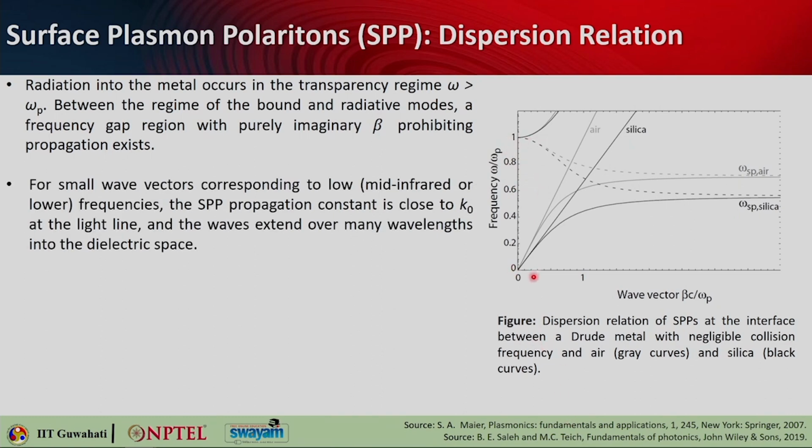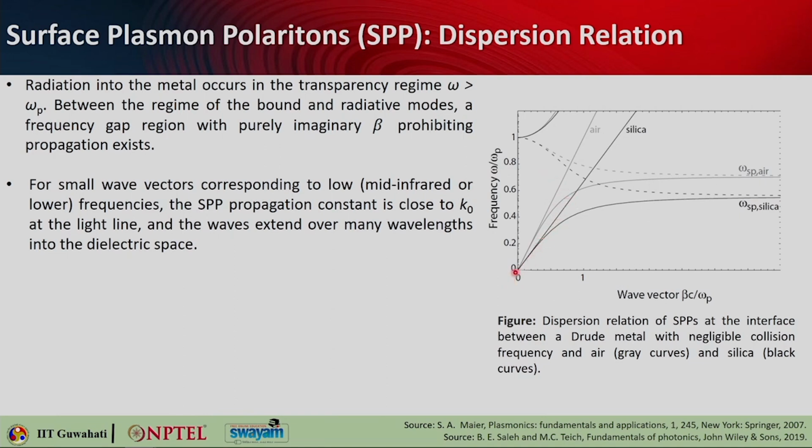Now, if you look into the region of small wave vectors, that is, you can consider mid infrared or lower frequencies, you can see that the SPP propagation constant is very close to k naught. k naught is the propagation constant on the light lines.